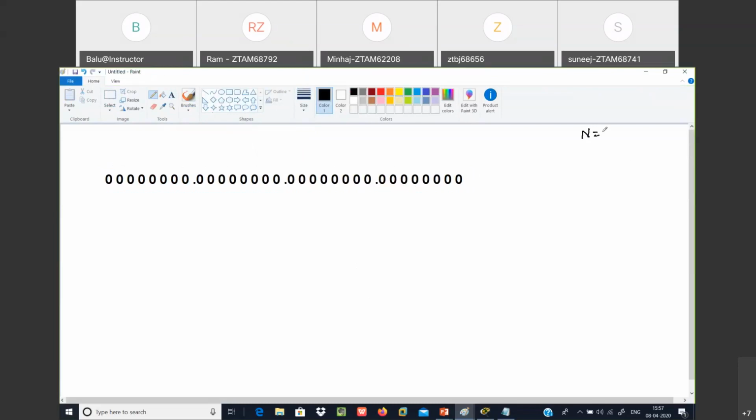N indicates network, indicates ones; host indicates what? Zeros, right?